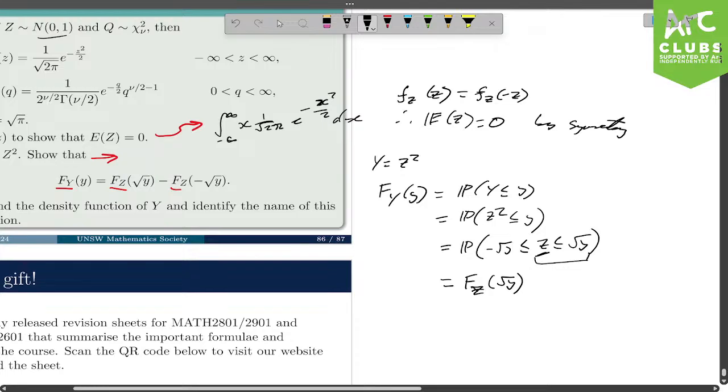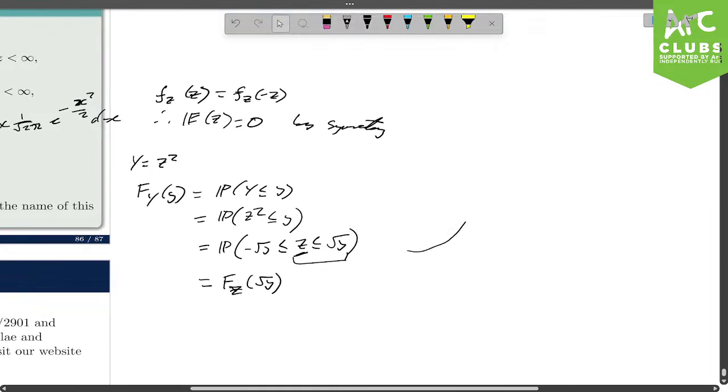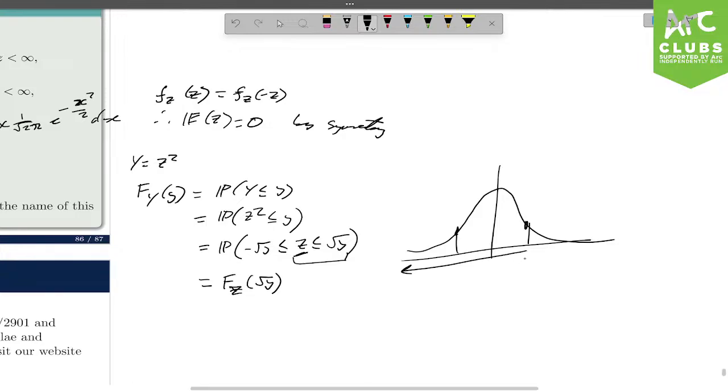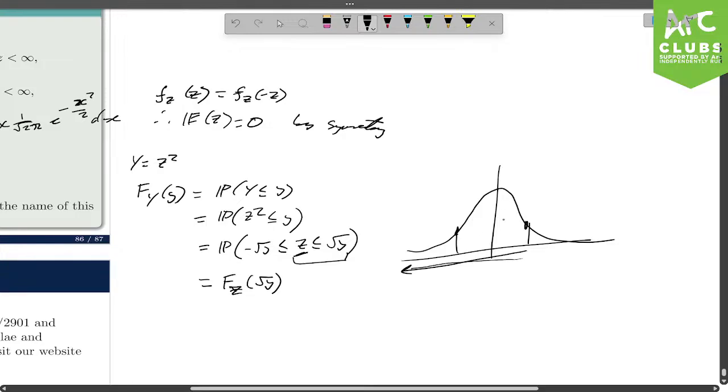So that's that one. And now I'm lower bounding, so I'm actually subtracting. I'm taking some off the top. Here's my normal distribution. I have between here and here. My f of root y is going to be covering everything backwards, but I only want up to here, so I subtract the rest. Double lined again. Incredible habit.